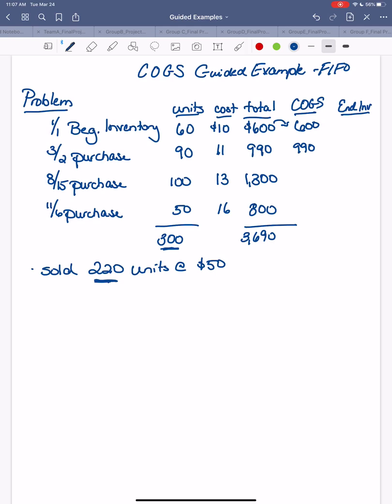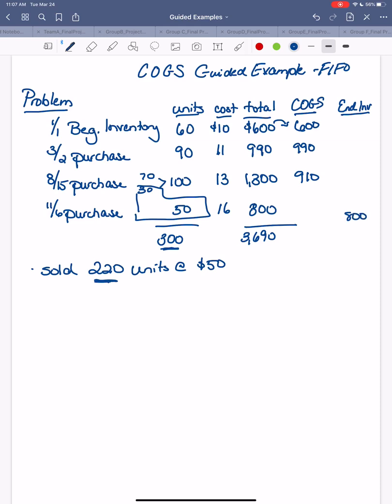So 70 units times $13 is $910. Right. So remember, we've broken this apart into 70, and then there's 30 left there. All right. And so ending inventory, I've got to take what's left. So I'm taking the 50 at 800, right?